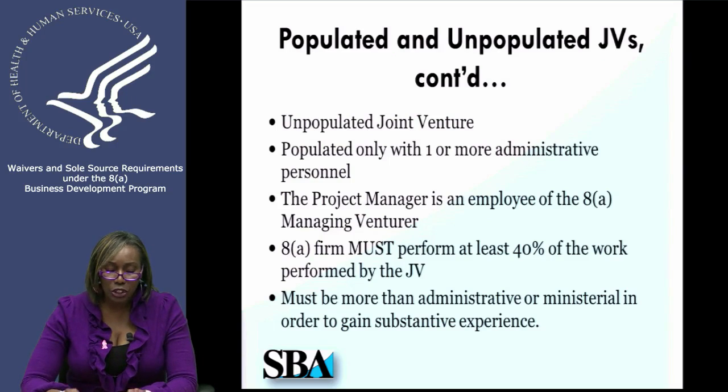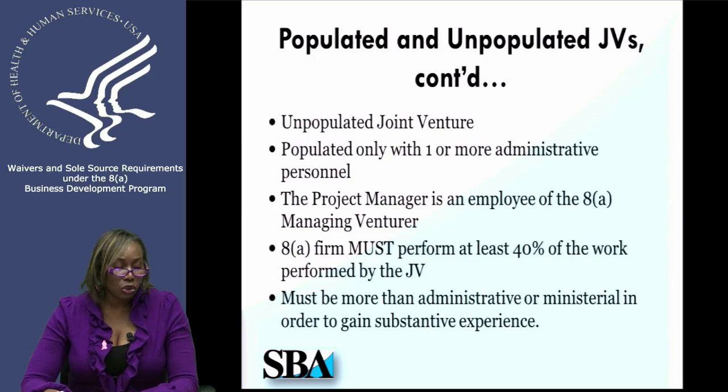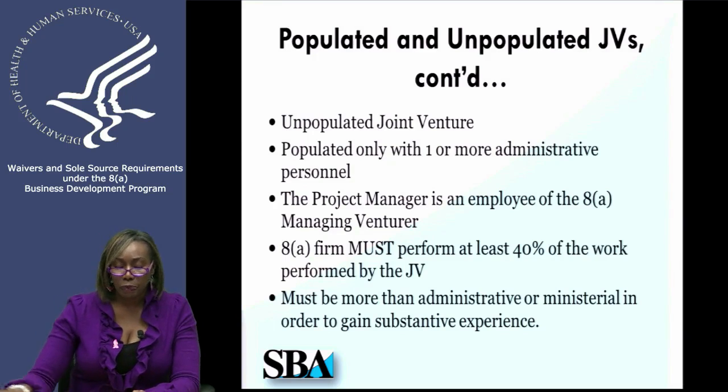Unpopulated joint ventures are populated only with one or more administrative personnel. The project manager is an employee of the 8A managing venture. And remember, there must be more than administrative or ministerial orders to gain substantive expertise.